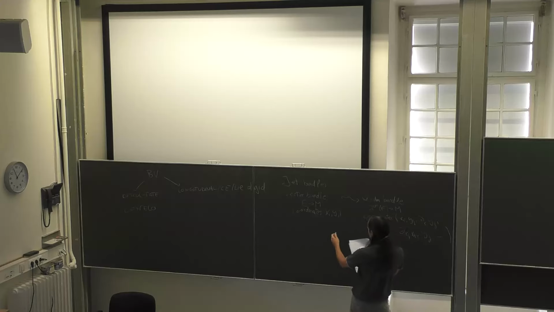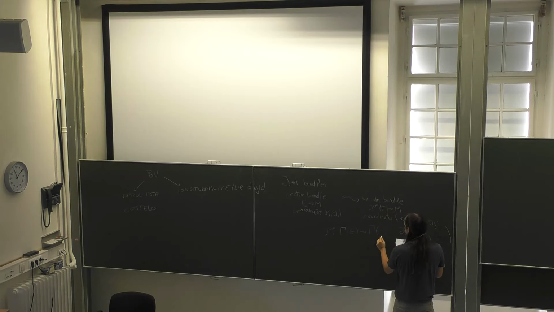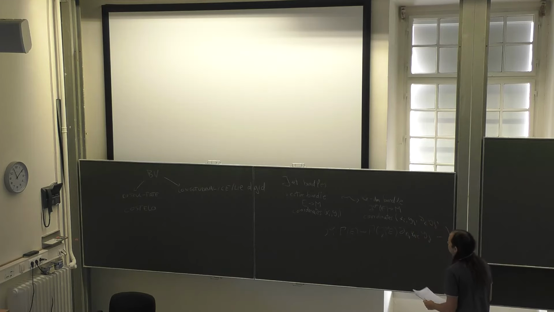Okay, you have an obvious map. What it does is, to these coordinates which correspond to partial derivatives, it assigns the partial derivatives of the fiber sections.